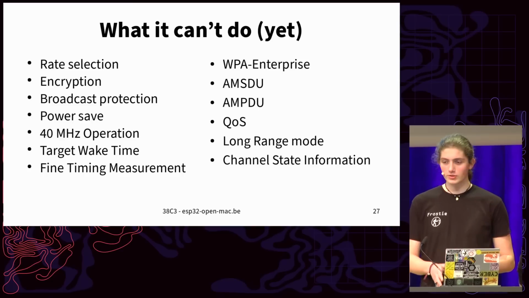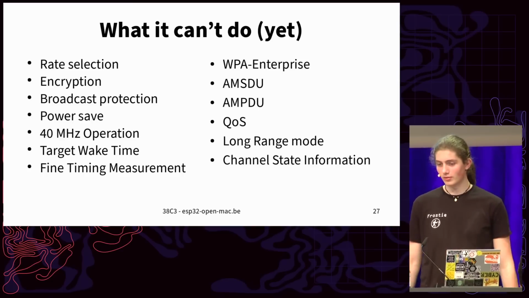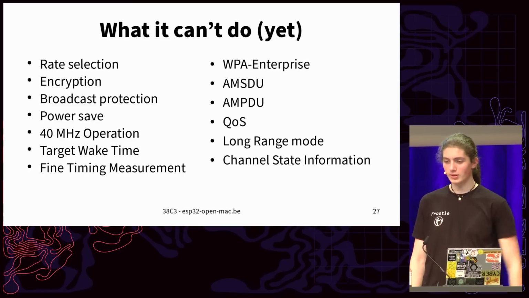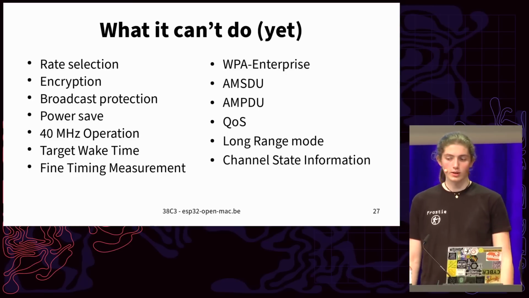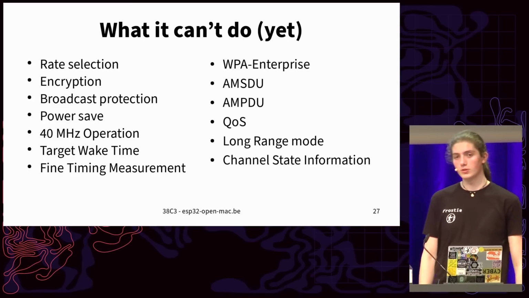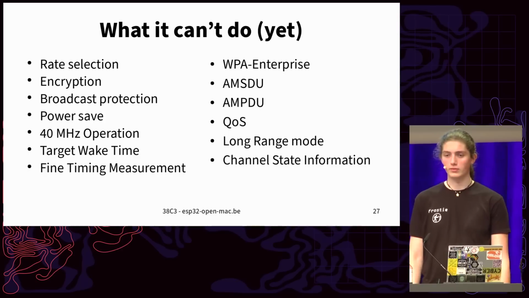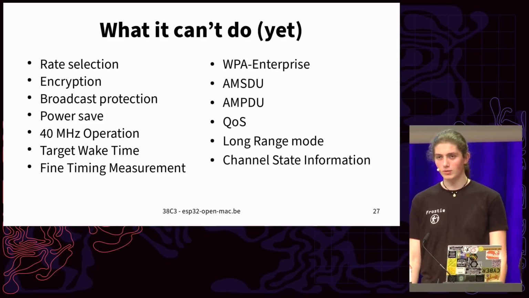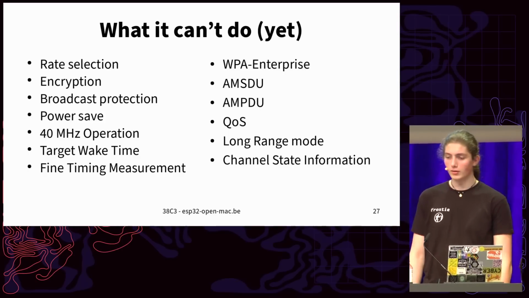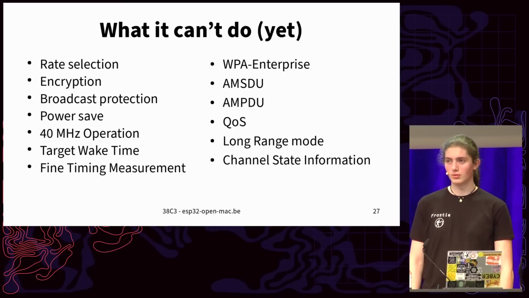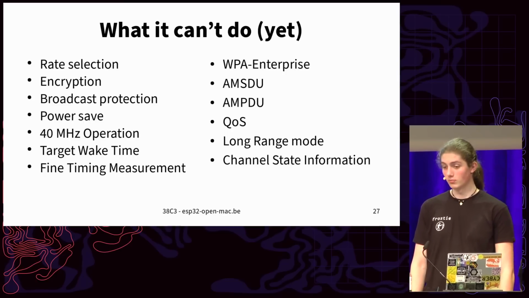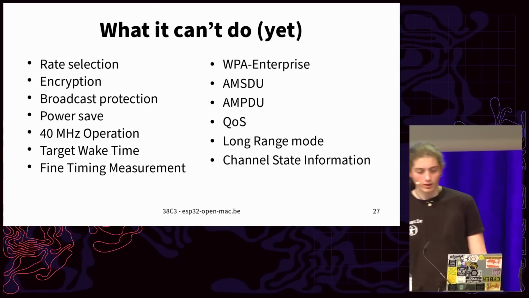And all of these features that are listed here are also some that the proprietary stack supports, but we don't yet. This long-range mode is actually Espressif specific, so this is a certain modulation they came up with. We think it's OFDM, that allows transmissions to distances of up to 1 kilometer, which is respectable.